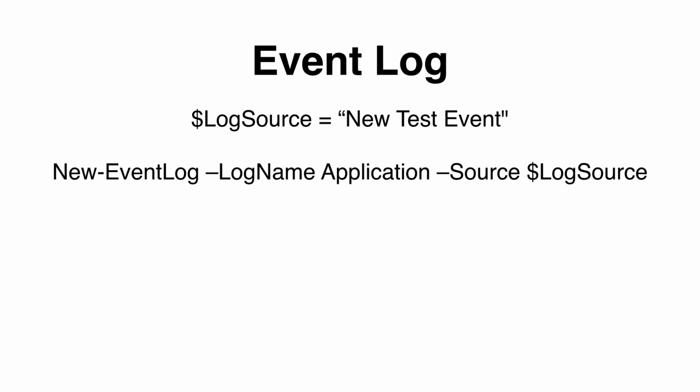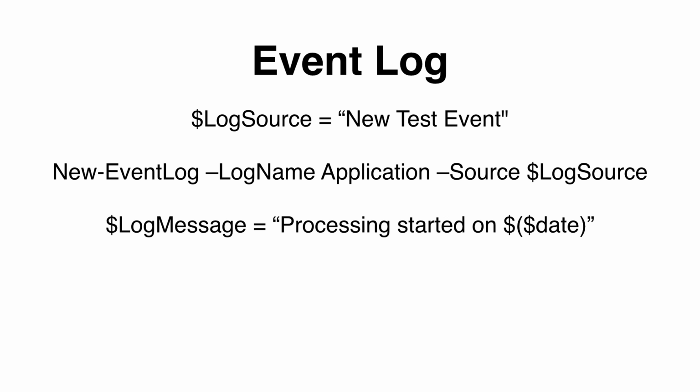So in this example, we are creating a new source called new test event and writing it into the Application log structure. This only needs to be done once, and this should not be part of your script. This is something you should run once on the server just to create the application log, and then you can start writing into that.